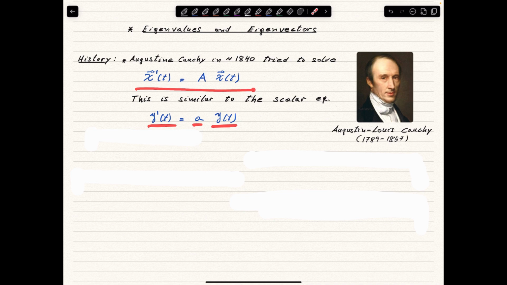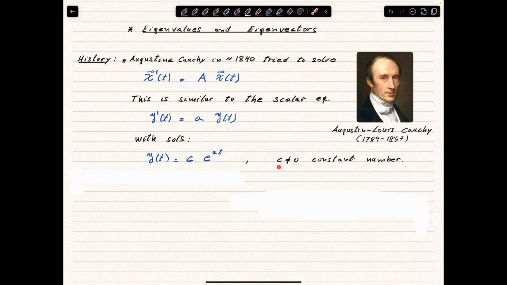This is the generalization of the exponential growth equation from scalar equation to systems. We know what the solution of the scalar equation is, because these are exponentials. Y of t solutions are proportional to c times exponential of a t, where c is a constant, a number.